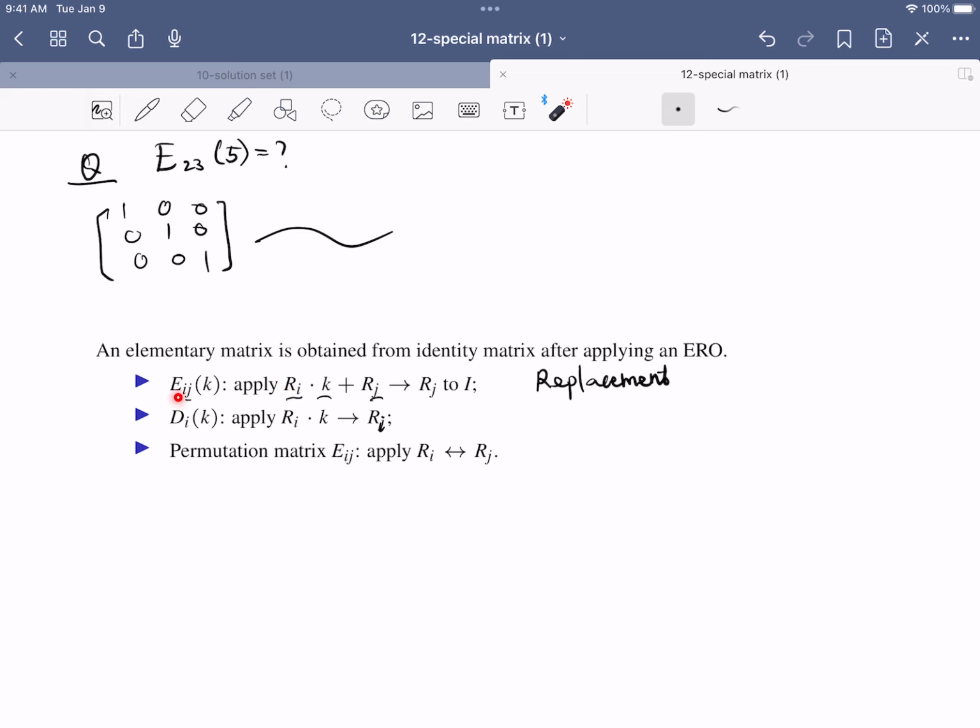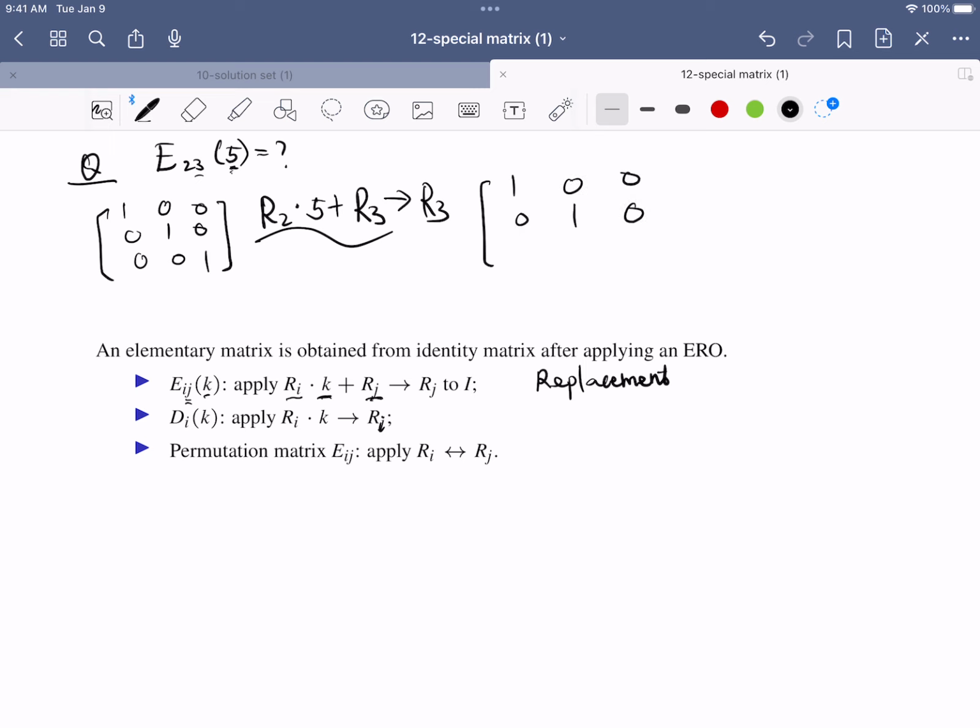Here i stands for the first index, so 2, so R2 times k, in our case 5, plus Rj, where j is the second index, in our case 3, so R3, and replace R3. So the first 2 rows will stay the same, but the third row will be changed: 5 times R2 plus R3 replaces R3. So this is E23(5).